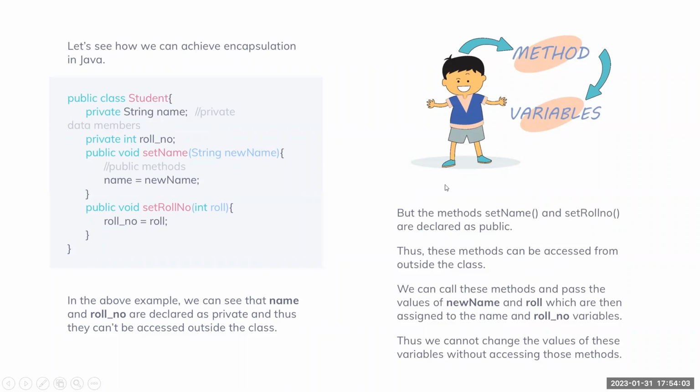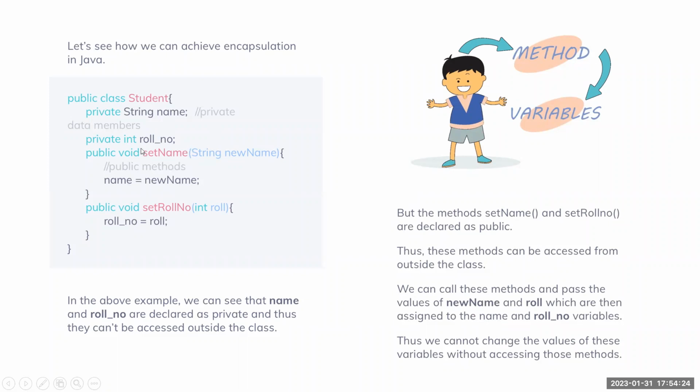What exactly does it tell? These two public methods, we can call them directly in a different class, and we can set the value.